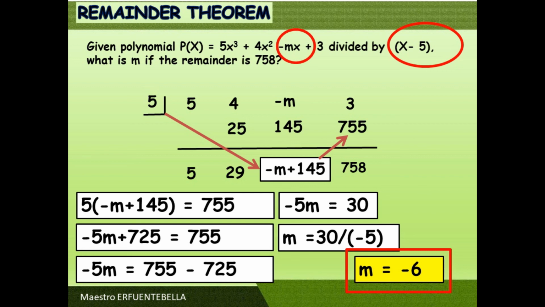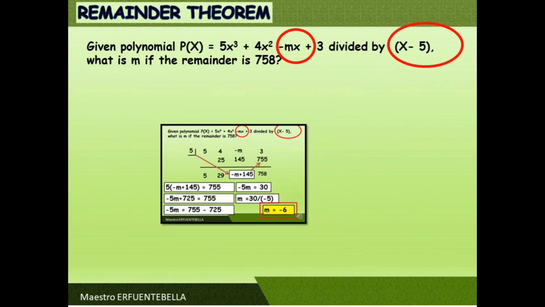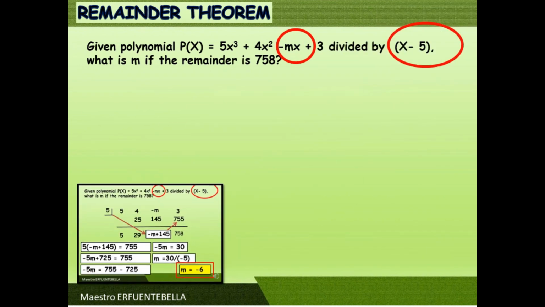Okay, so let us check if m equals negative 6 is correct, if the resulting remainder is 758. So, let's check. This is the given from earlier, no? So m is equal to negative 6.